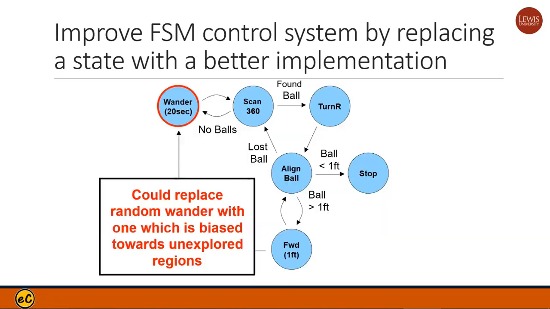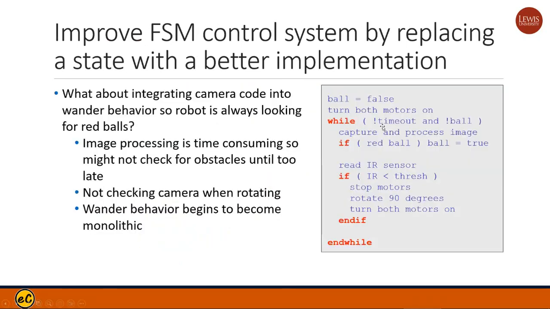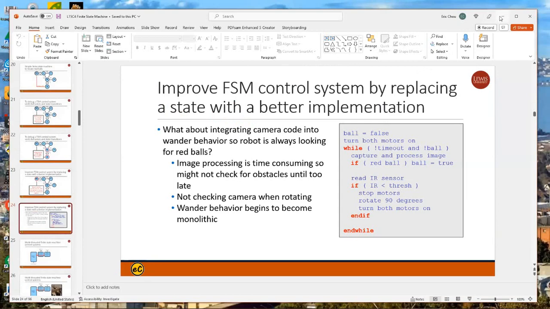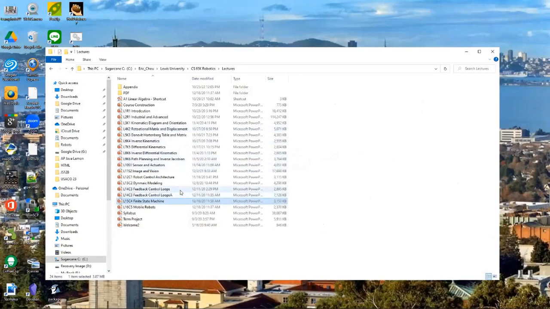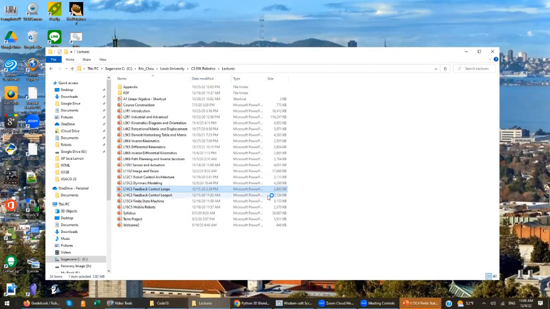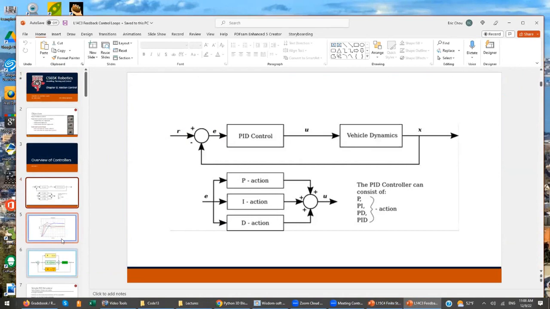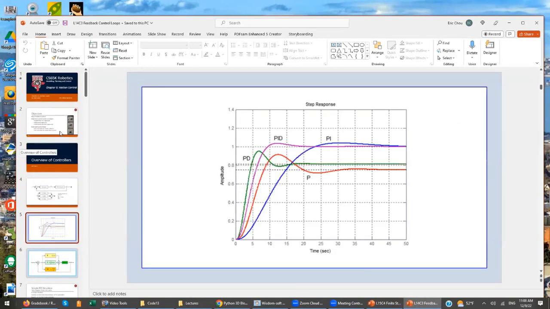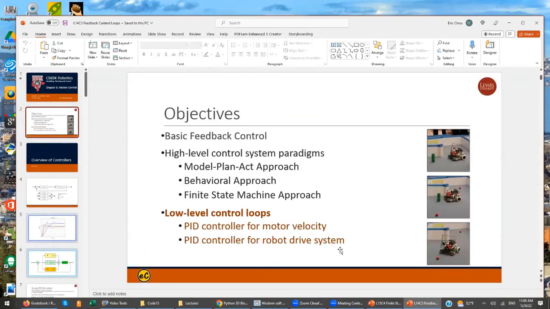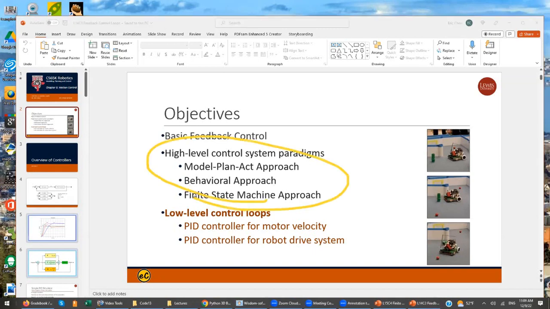of the robot. So last time we talked about the low-level control loop. The low-level control loop is for the stability of your robot. Basically, it is controlling the velocity, controlling the robot drive system. Today, the next video that we show is the high-level control system.